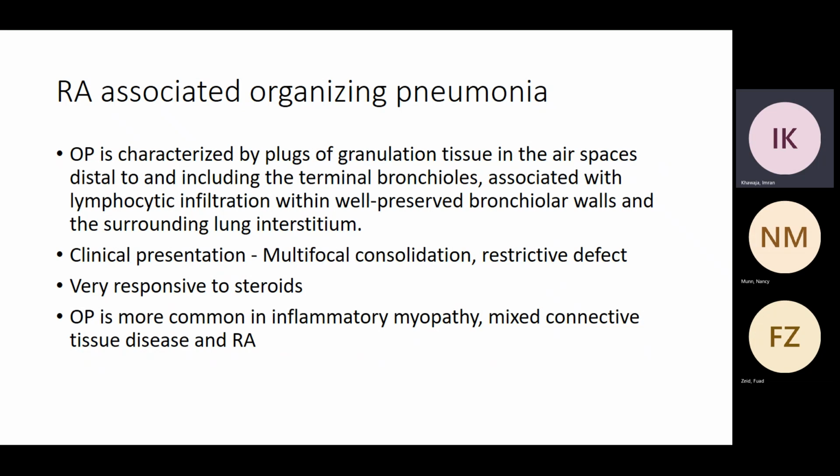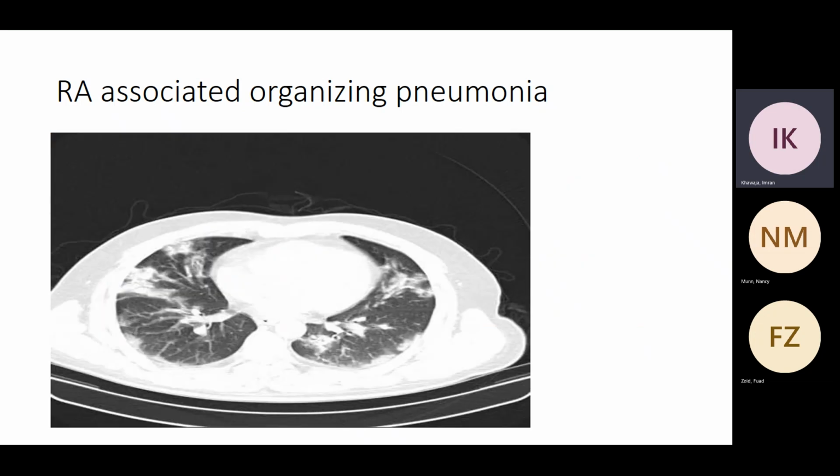They usually present just like pneumonia, with multifocal consolidation and usually a restrictive defect on PFTs, and they are very responsive to steroids. It is more common in patients who have inflammatory myopathy, dermatomyositis, polymyositis, or mixed connective tissue disease, as compared to rheumatoid arthritis. But it could happen in rheumatoid arthritis too.